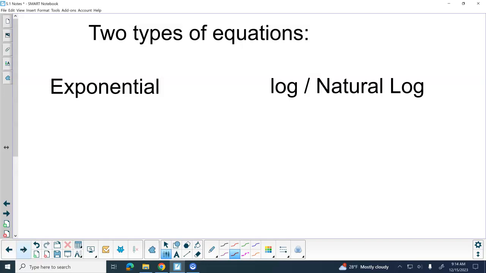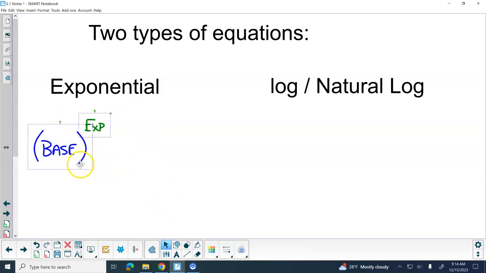So an exponential equation, we've got a base, and on that base there is an exponent. In that exponent is where the variable is going to be. The variable for an exponential equation is going to be up in that exponent.